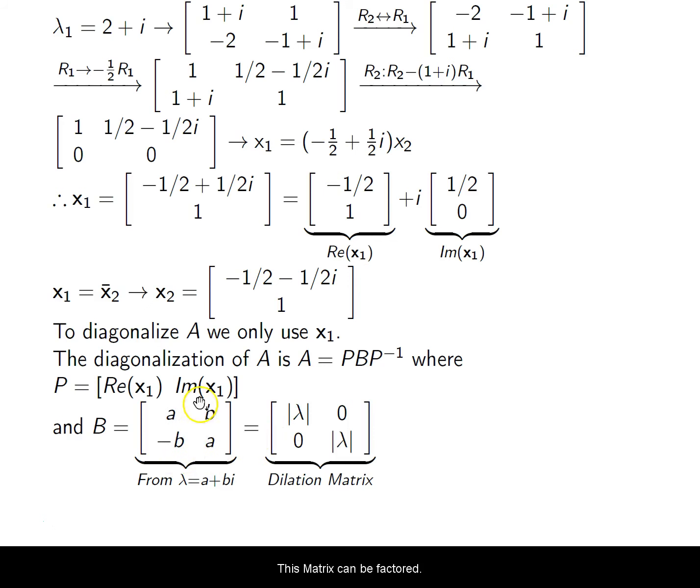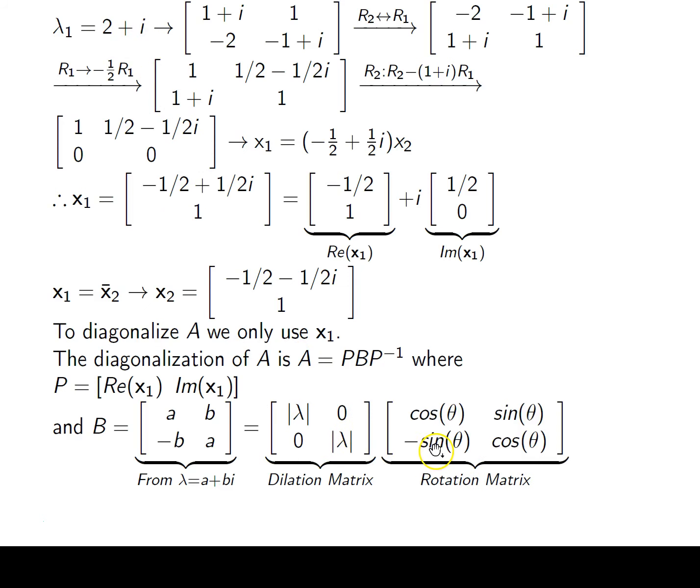This matrix can be factored into a product that is called a dilation matrix, that is diagonal, with the modulus of the eigenvalue, right? The modulus, right? So square root of 2 squared plus 1 squared, right? Not i squared, but 1 squared, right? Times what we call the rotation matrix.